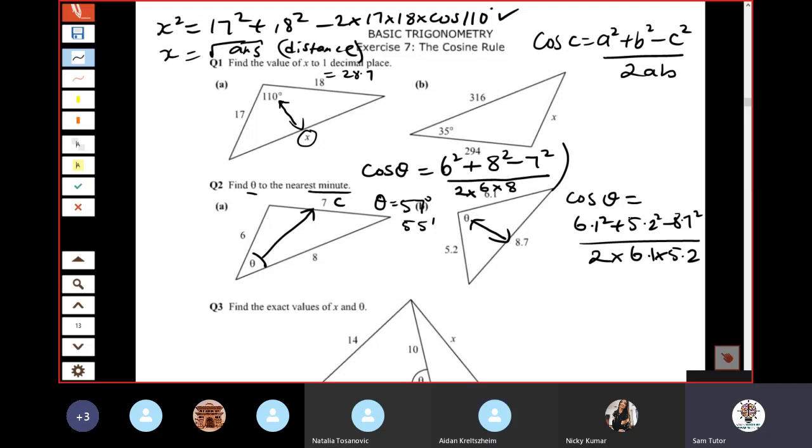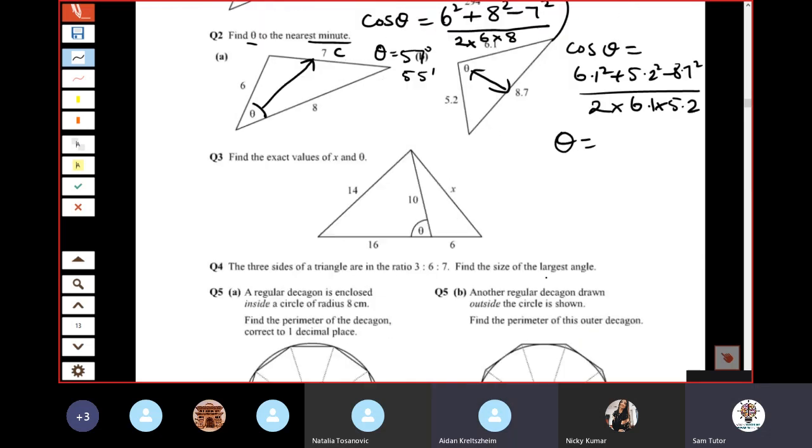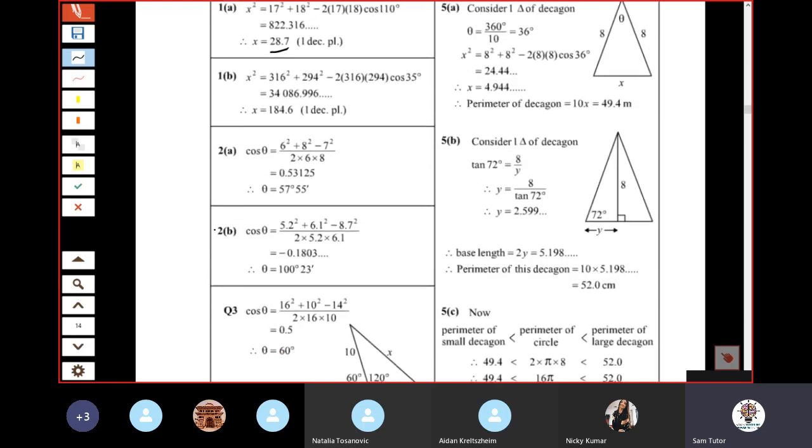Plug it all into your calculator, shift cos, we're going to cheat a little bit, and there, it'll look like that, and then when you inverse cos, it becomes 100 degrees.